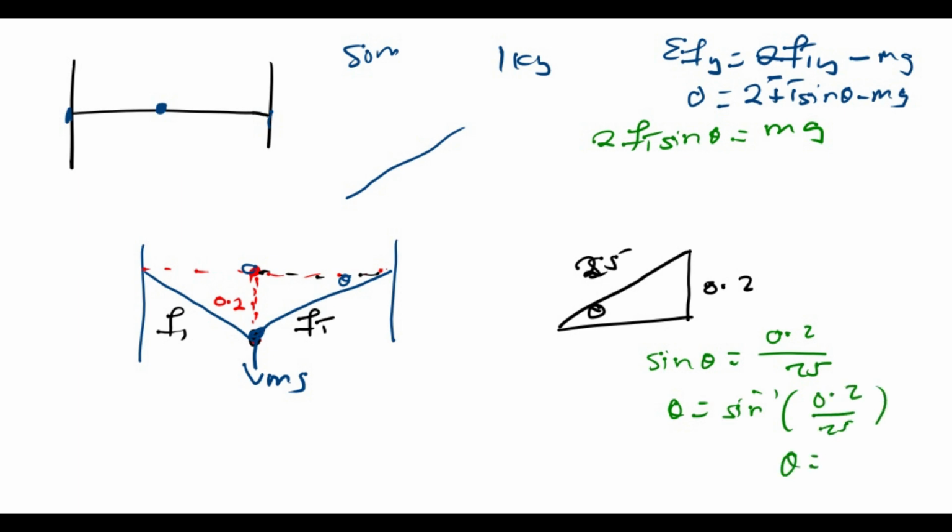Therefore theta will be shift sine, open brackets, 0.2 divided by 25. The answer I'm getting is 0.458 degrees. That's the angle.